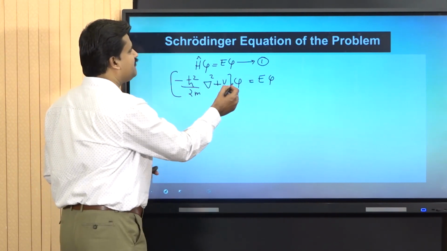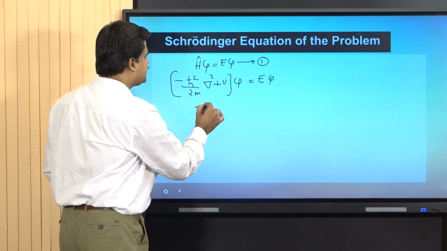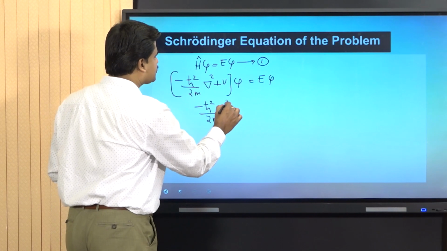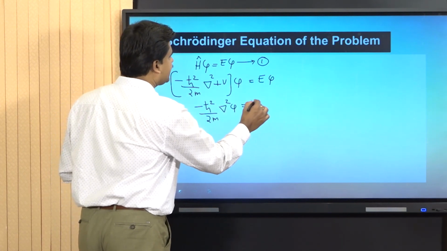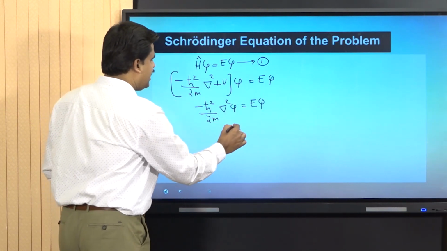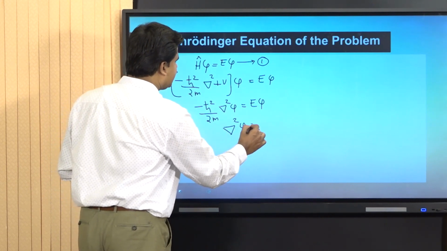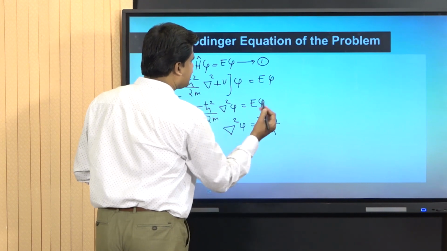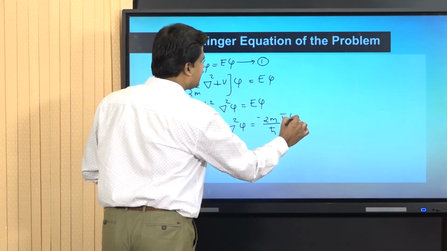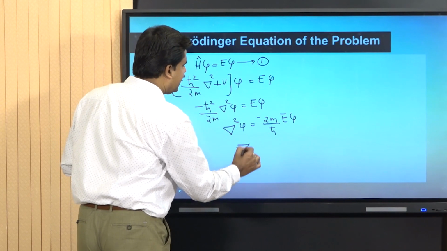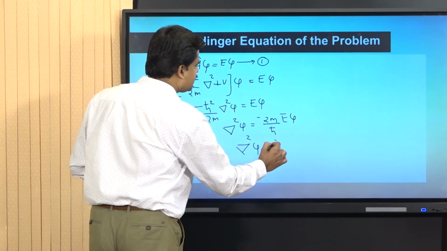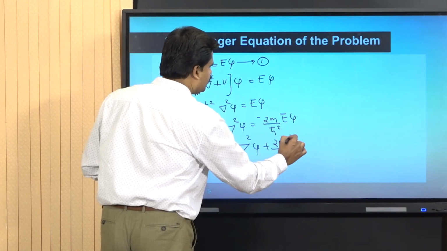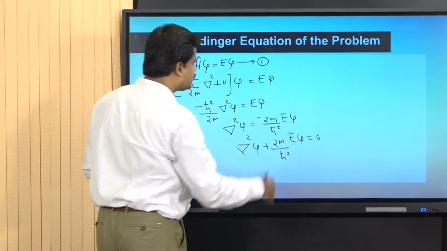Therefore, the term V vanishes and we get minus h cross square by 2m del square psi is equal to energy into psi, or del square psi is equal to minus 2m by h cross square into energy into psi, or del square psi plus 2m by h cross square into energy into psi is equal to 0.